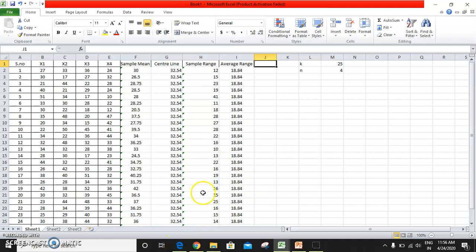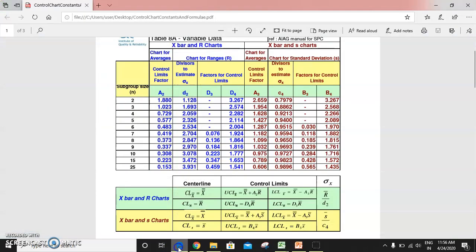So for your statistical operations, you get an appendix at the end of your study material. I'll share the appendix with you right now. In this appendix, as you can see, for X bar and R chart values, there are some values provided for averages, for ranges. This is your central line formula.